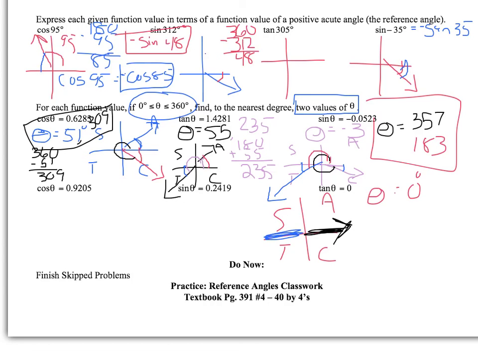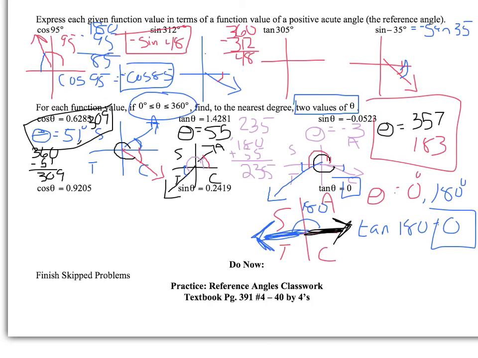The other side is my blue side. My blue side is worth 180 degrees. So in your calculator, you type tangent of 180. And you see it equals 0. Since it equals what it was supposed to equal, it does work. So the other angle is 180 degrees. If it did not work, you would just be done. So at this point, please finish the problems that I did not do.